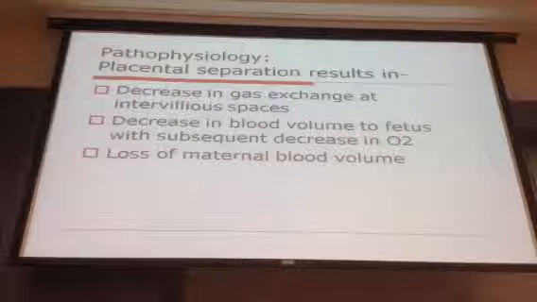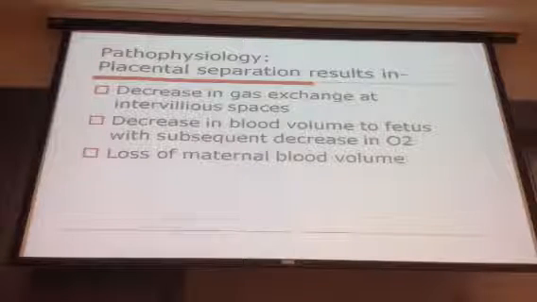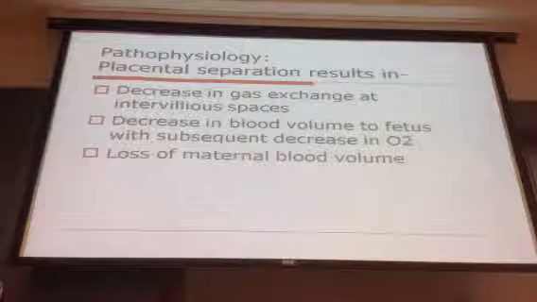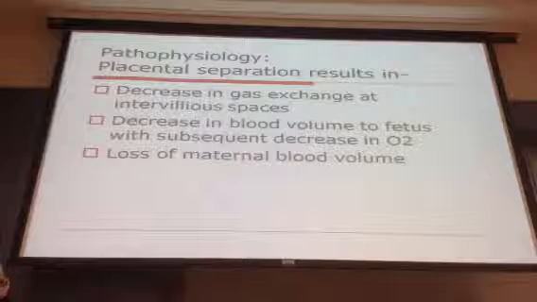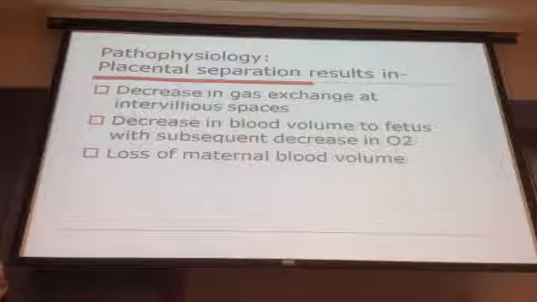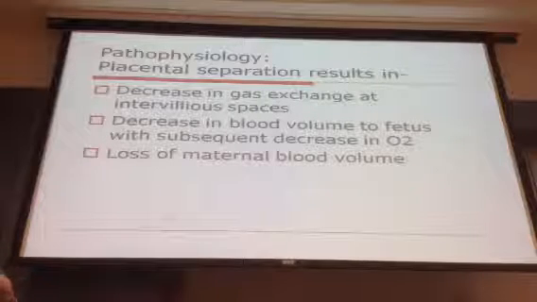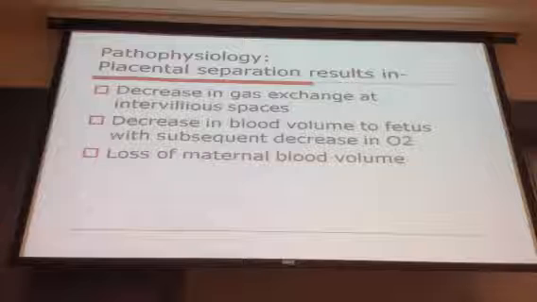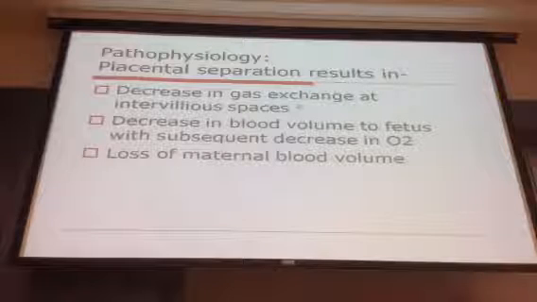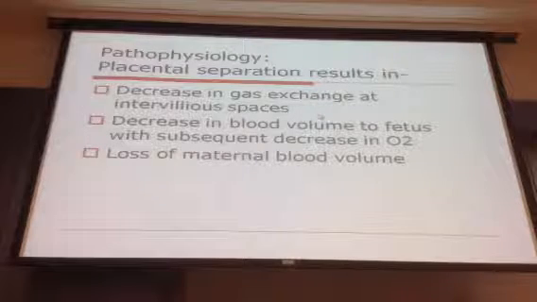And again, what happens is these little intervillous spaces, where the cells reach out to each other from the uterine wall and the placenta reaches in and embeds in the uterine wall, where gas exchange occurs, get torn apart. And instead of them being able to interact and exchange oxygen and CO2, we just have this big, humongous mass of blood, a big hematoma. So we have loss of gas exchange, loss of volume, and loss of O2 to the fetus.